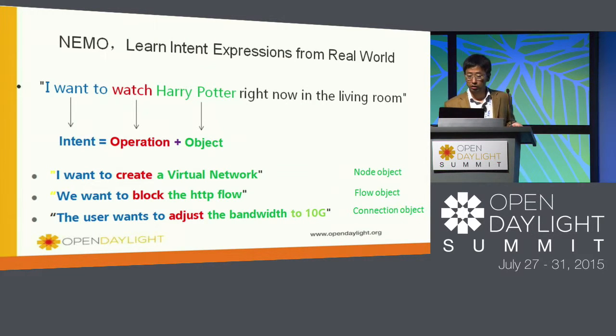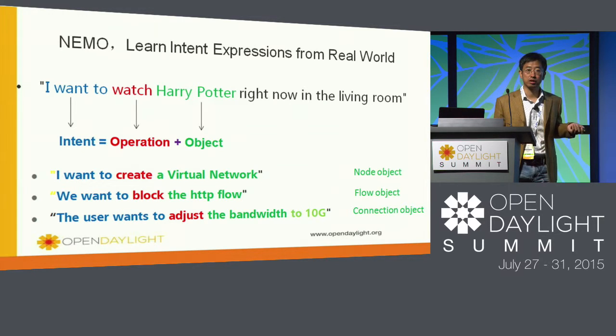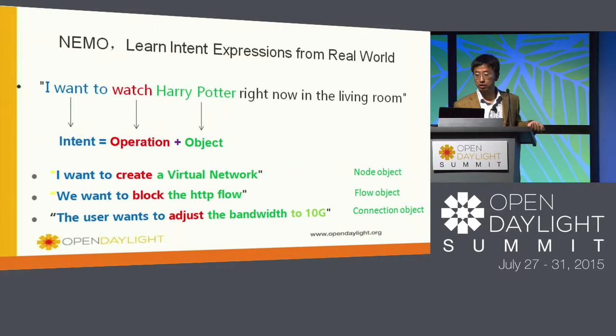So the next question is how to express network intent clearly and effectively. We need a structure and a grammar for the intent language. Let's start from a real-world intent. I have an intent: I want to watch Harry Potter.